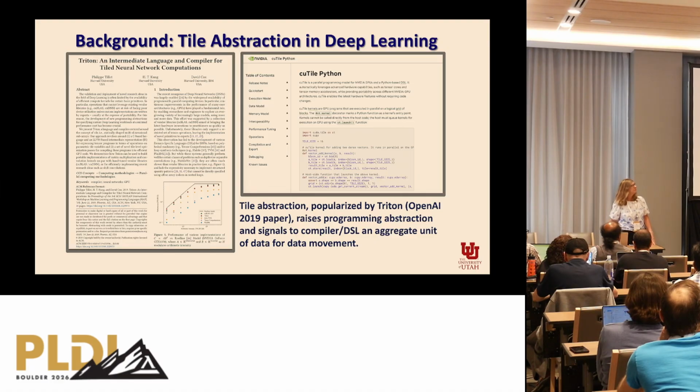Okay, so we're here because this idea of tile programming abstractions has become really popular. And it's been popularized by Triton, in particular, dating back to this 2019 paper. And now we're seeing a lot of other systems. Probably the most common other system is cuTile.